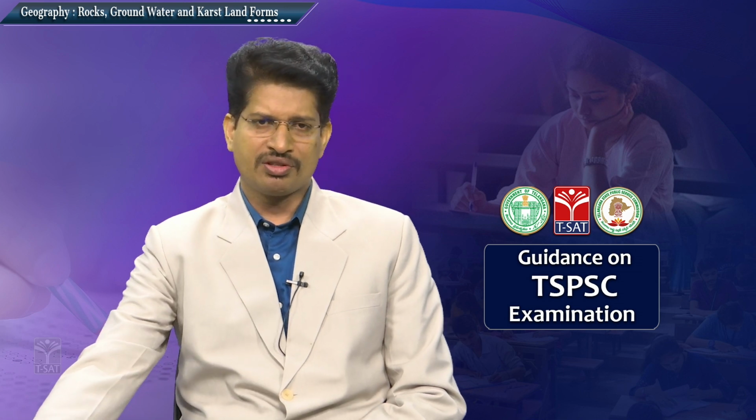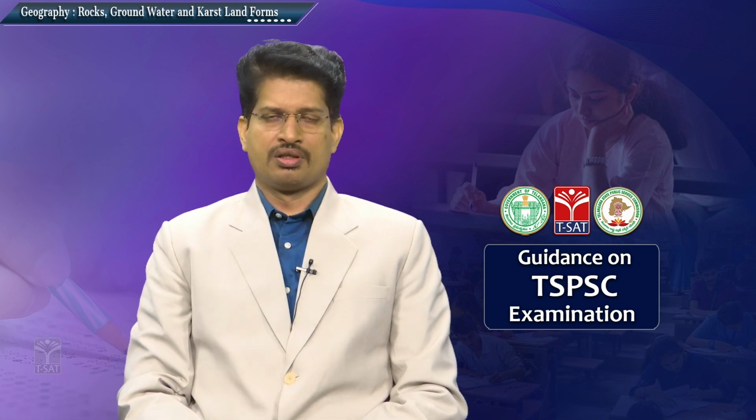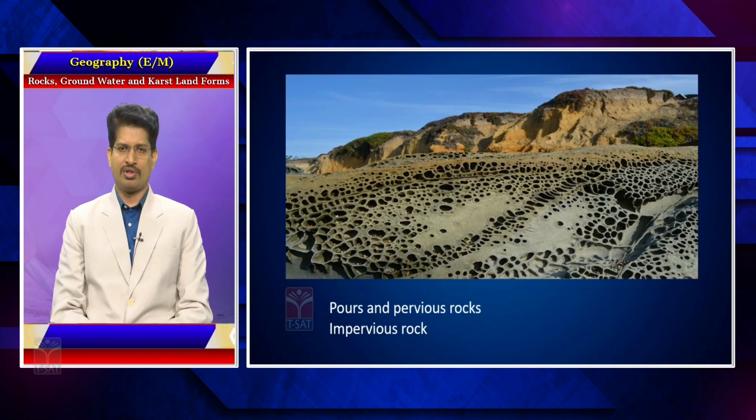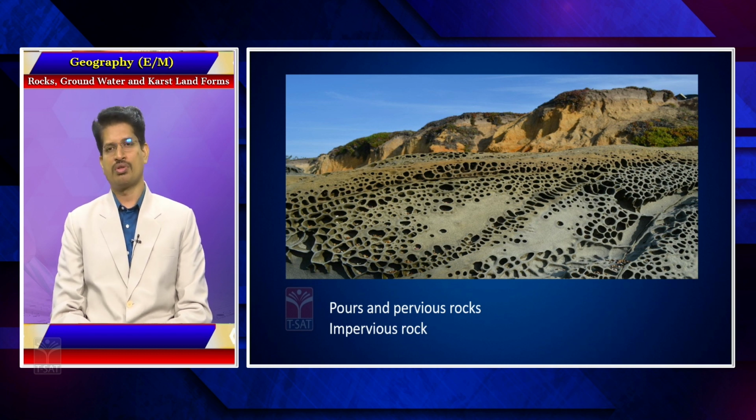See the projected image, where you are able to observe certain pore spaces. These pores, fractures and the interconnection of these pores and fractures are essential. Only then can a water table form.